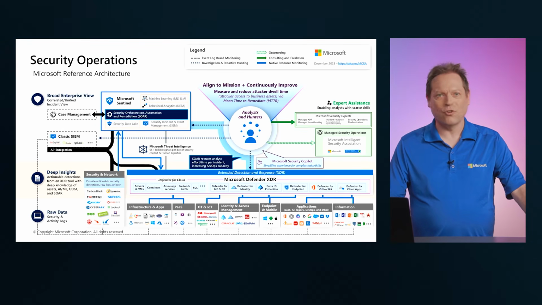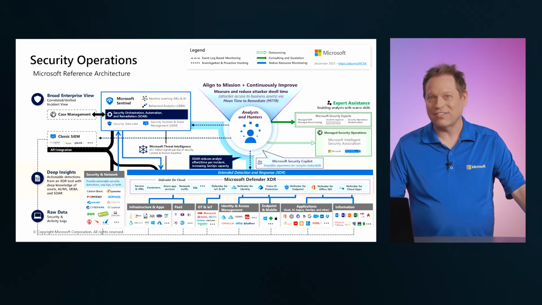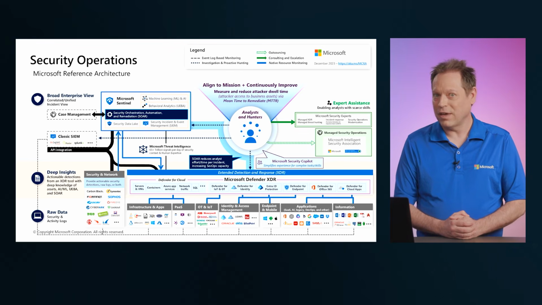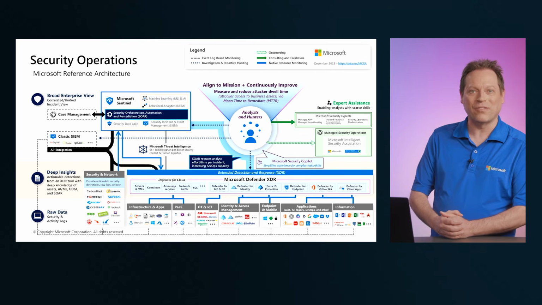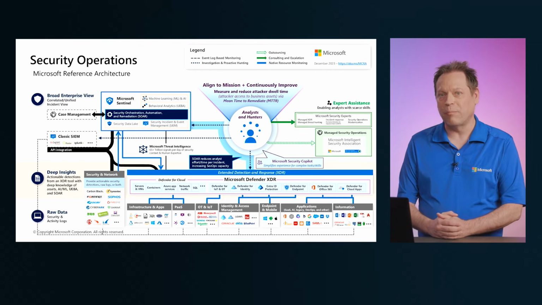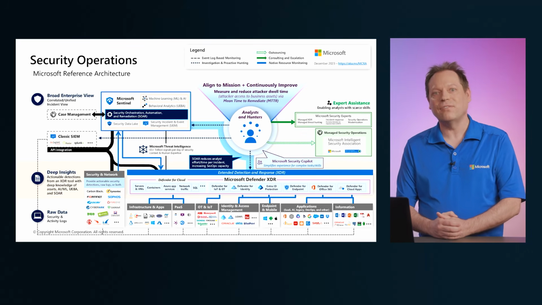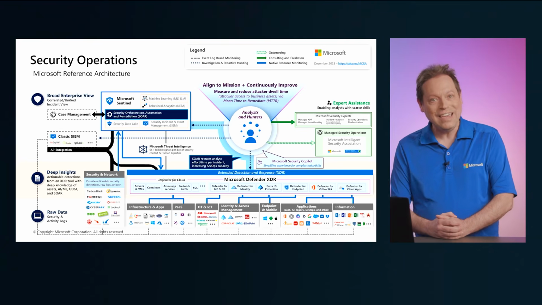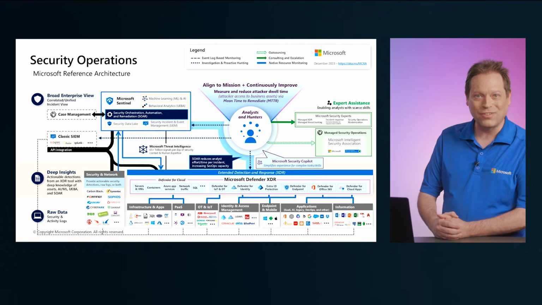Instead of relying solely on broad log analytics, XDR tools apply machine learning, behavioral analysis, and deep knowledge of your specific asset or attack, whether that's endpoint capabilities, identities, email, SaaS apps, cloud workloads, or even IoT and OT.